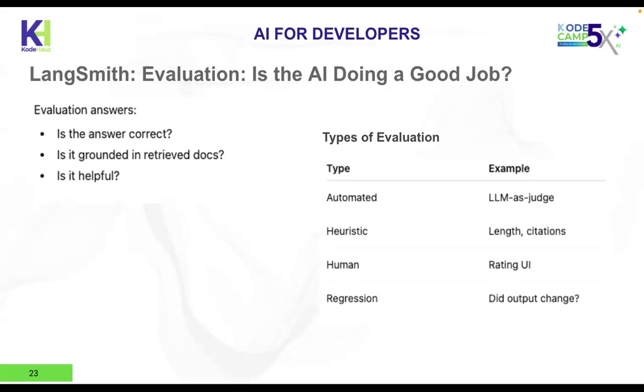And then you have regression, where you compare the current output with previous output to see whether the output has changed between last week and this week. Those are some of the things. We'll recap the whole evaluation when we come in.